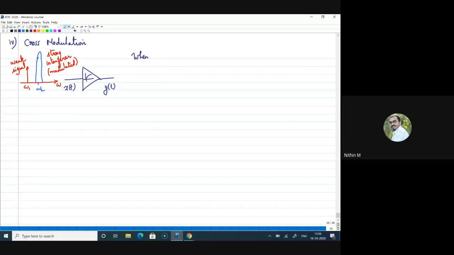Here there is a nonlinear system, and a weak signal and a strong interferer are applied to a nonlinear system.